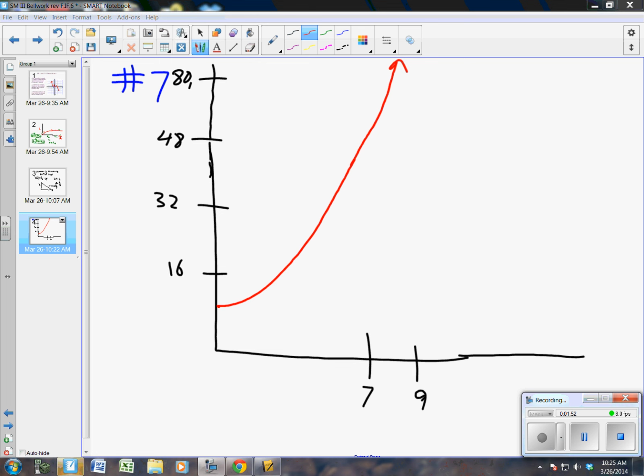What I did is I put a line up going like this, until I hit right there, and then I put a line there and a line there. Okay? I know this horizontal distance is going to be 2.